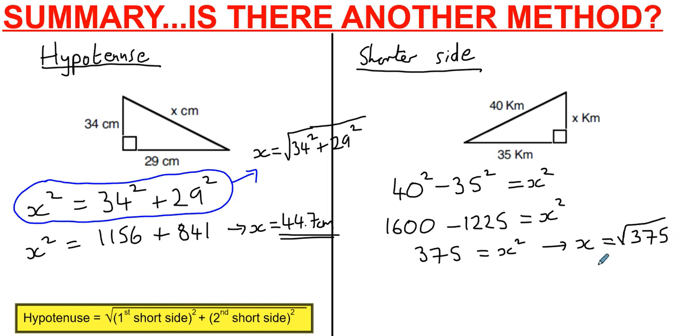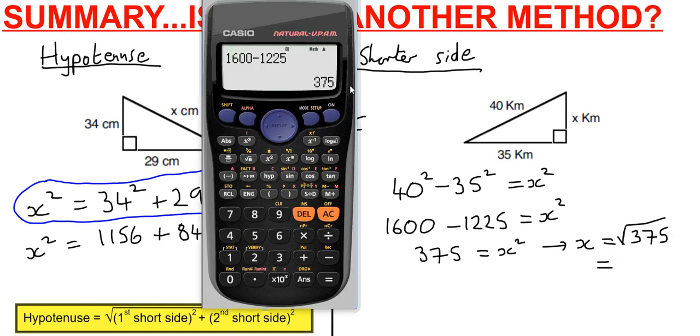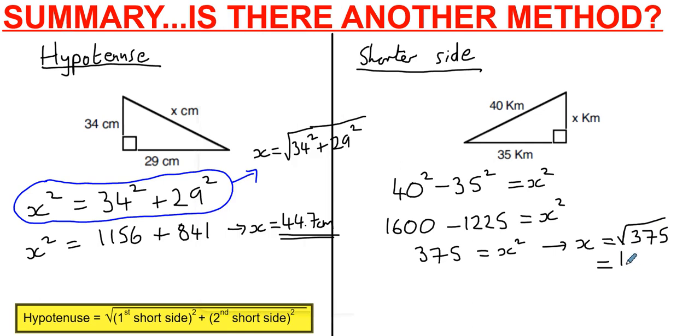So the square root of 375 comes to 19.4 centimetres. Whoops! Kilometres, look. It's as easy as that. 19.4 kilometres to one decimal place at least.